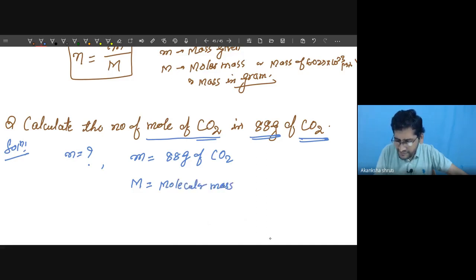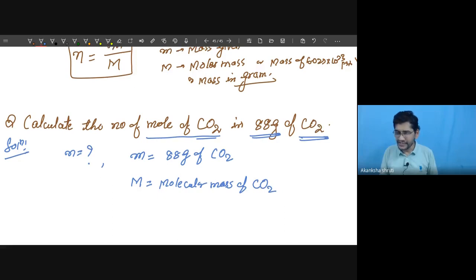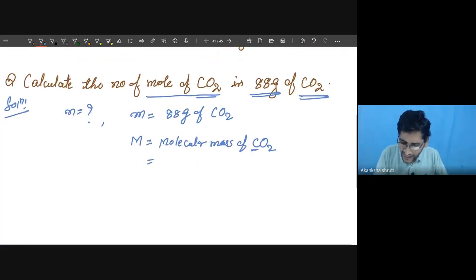mass of CO2. Student, the molecular mass of CO2 we can calculate since we know the atomic masses. What will be the value? So carbon is 1 and its mass for 1 mole is 12 gram. So 1 into 12. The atomic mass of carbon we need to take to calculate the molecular mass. Now coming to oxygen, oxygen is 2 times. So this 2 we need to take.